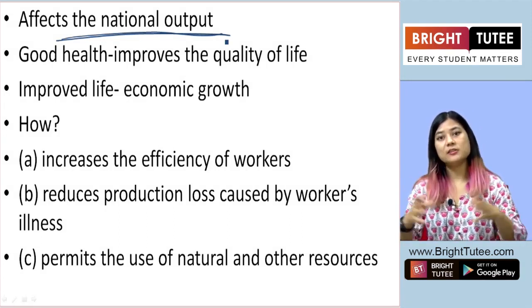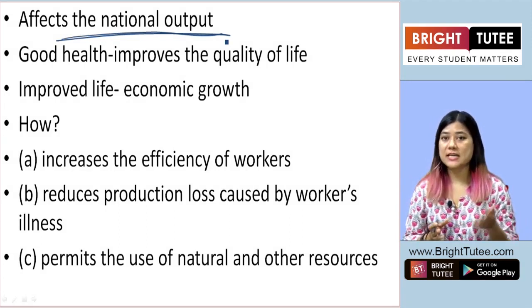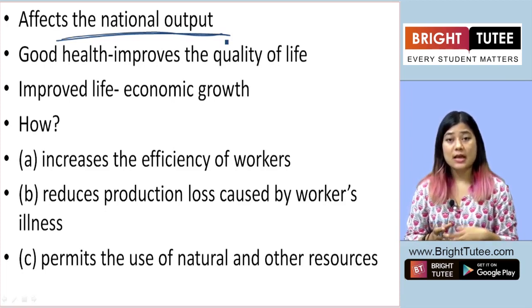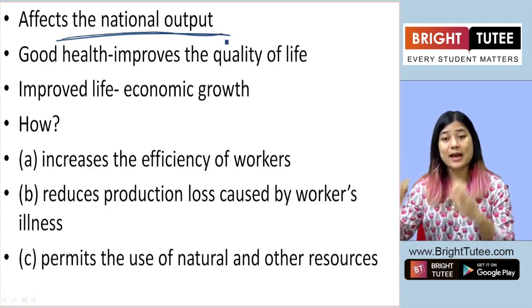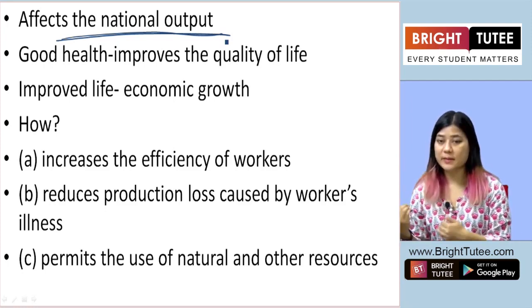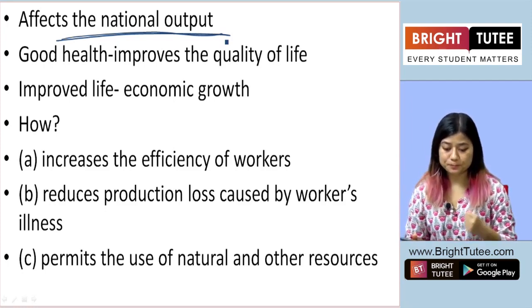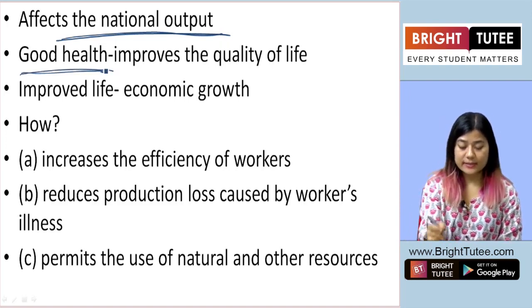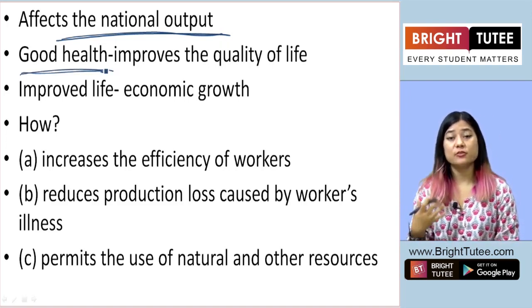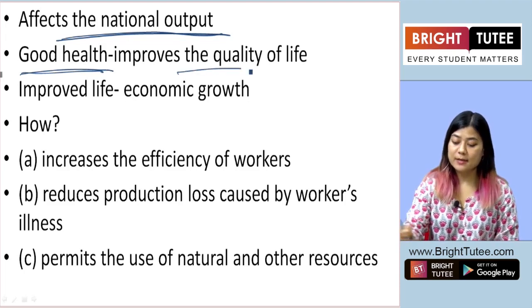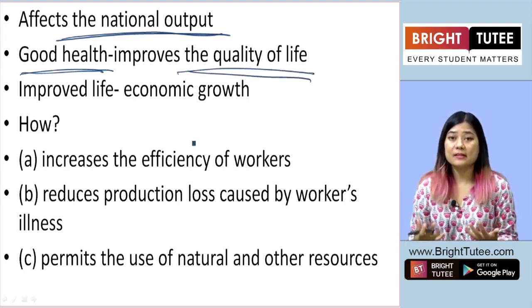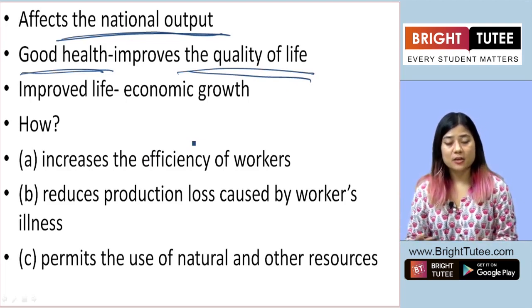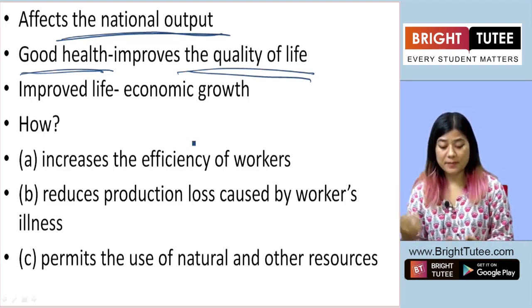But if the health of the population of a country is not so good, the efficiency is low, productivity is low, and the national output is also automatically low. So if good health is provided to the workers, that improves the quality of their life. They can work better, and the results also become better.